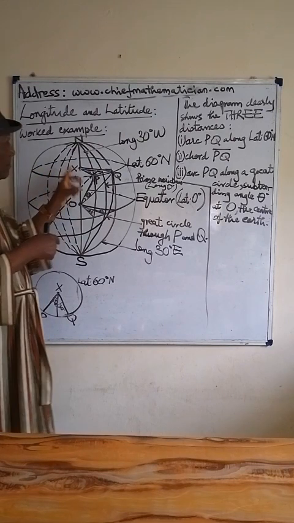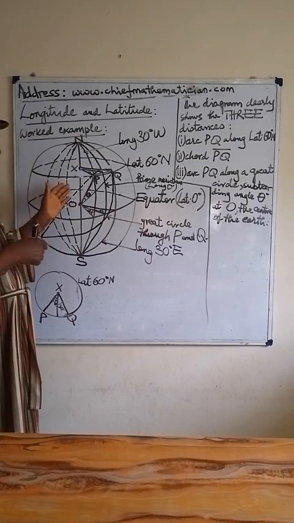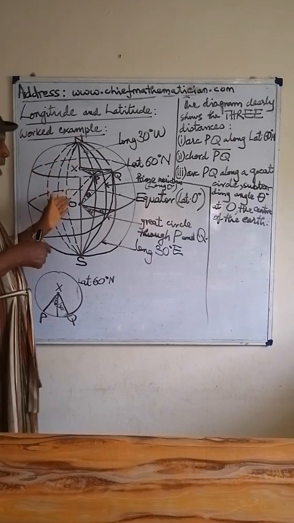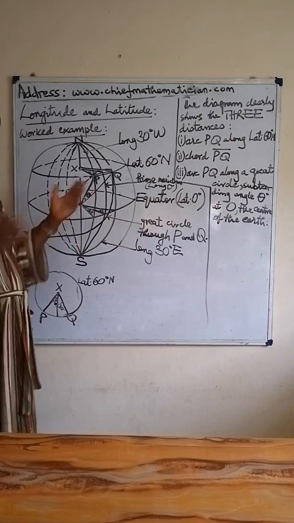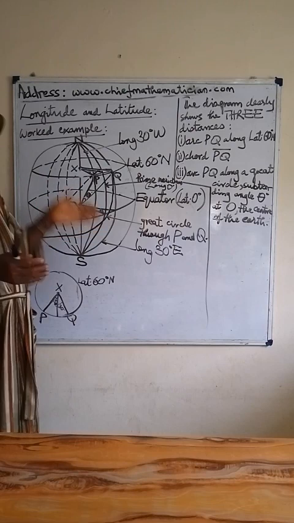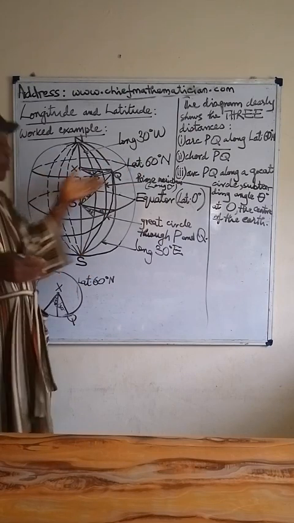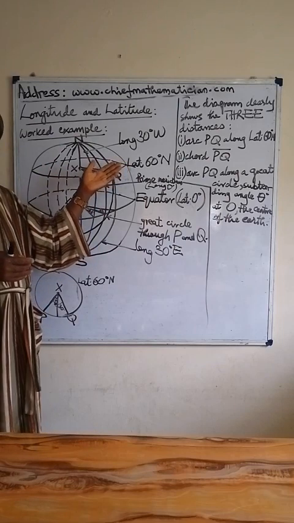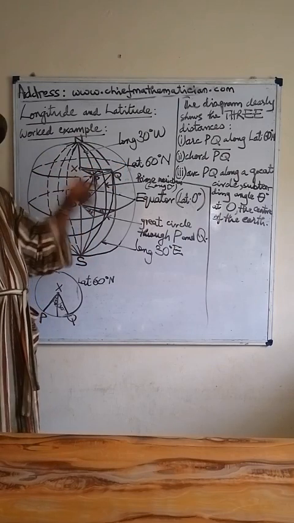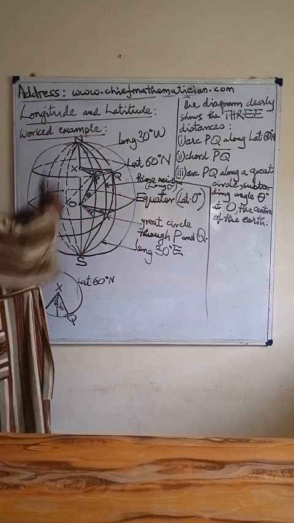So you can see the nature of this diagram. From this diagram, we can go on to calculate these distances. We can get the length of the chord. We can calculate the length of arc PQ along the circle of latitude. We can as well get the length of the arc PQ along a great circle.